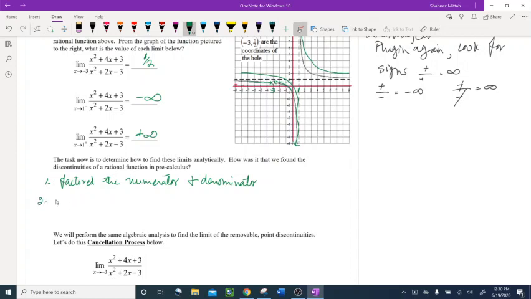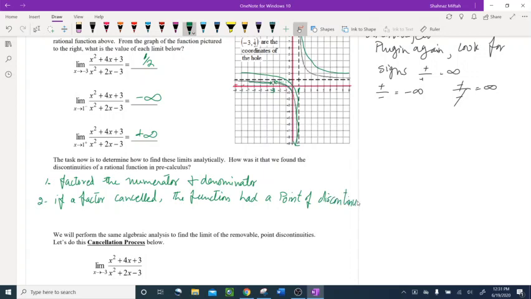Second, if a factor cancelled, the function had a point of discontinuity.